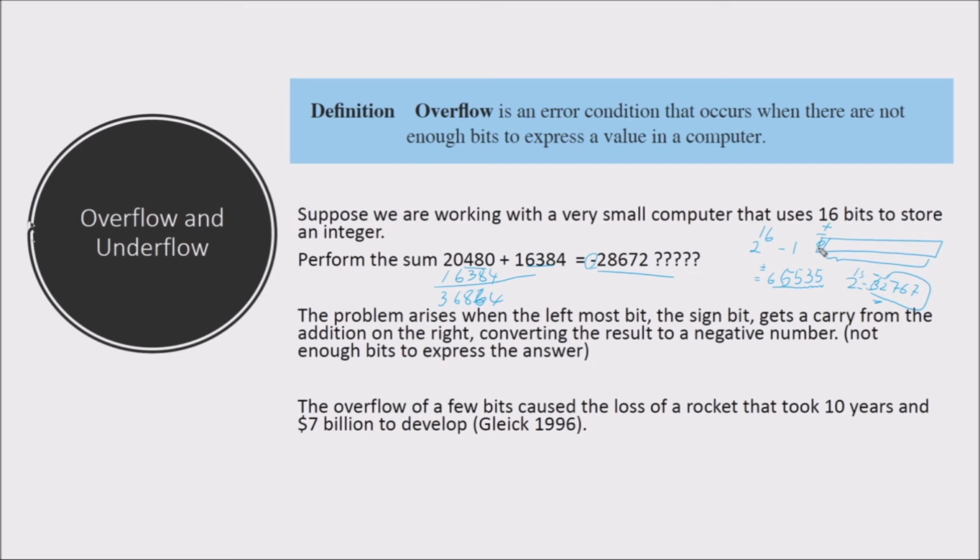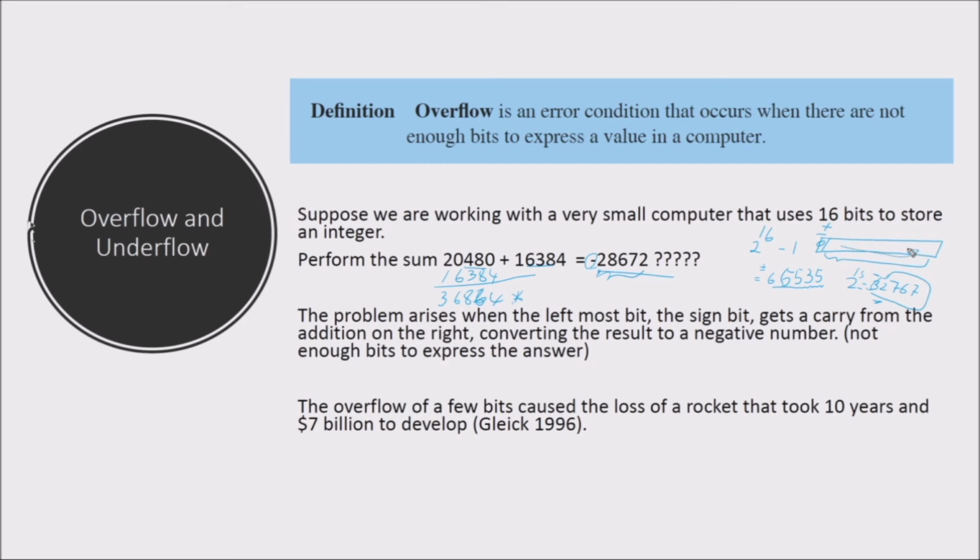So this bit will be changed by the value, and whatever value you get from here to here will be this. So when you add these two numbers, the answer comes out as a negative number. The reason is that this value right here is overflowing your register.